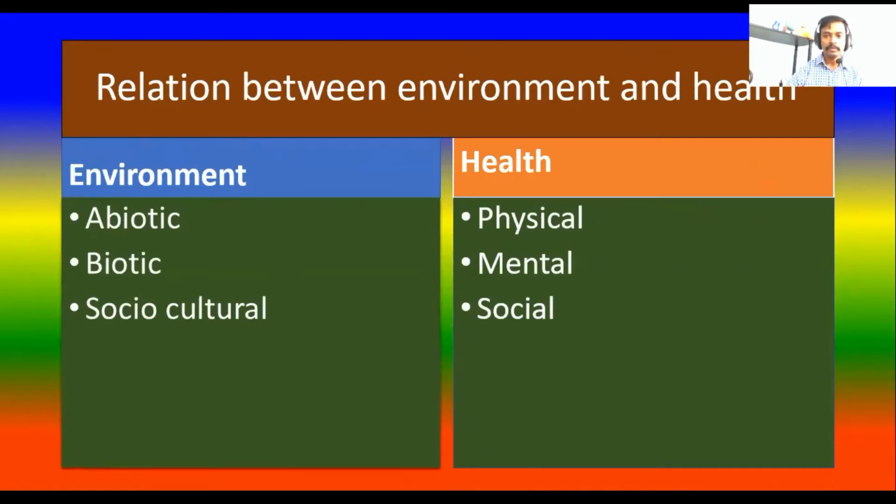Then the relation between health and environment. Look at this. This is environment: abiotic, biotic, and socio-cultural. Students, this is a key. Social factors are responsible for the biotic and abiotic environment. Socially, we are people. We the people can control the environment. We only make damage to the environment, for example the physical environment.